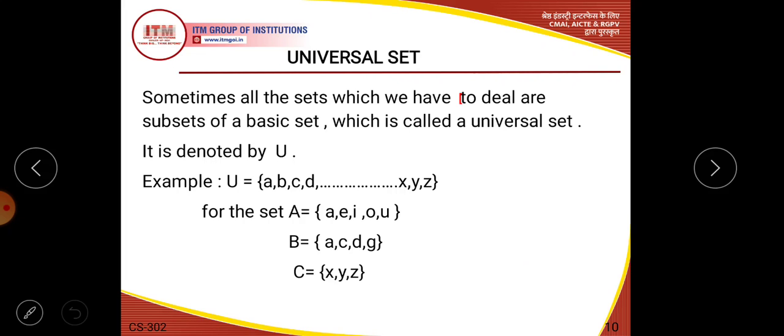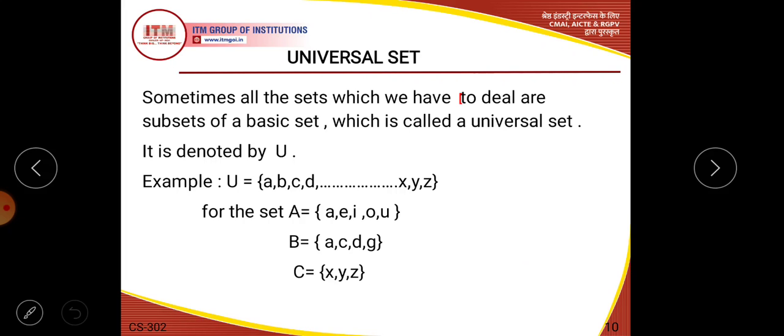So if we have some subsets and these subsets come from a basic set, then we can say the basic set is called the universal set, and it is denoted by capital U. Example: capital U is equal to A, B, C, D up to X, Y, Z. So we have 26 alphabets. Here U is the set and A, B, C, D are all elements of the set.